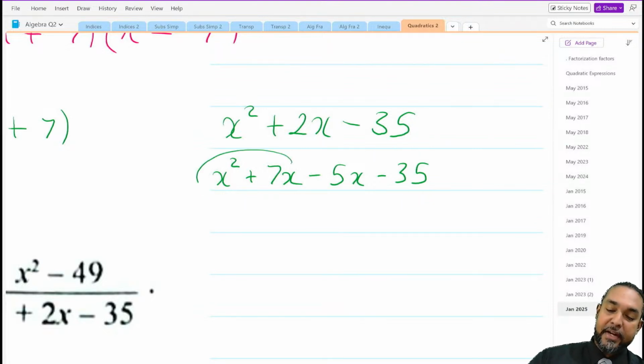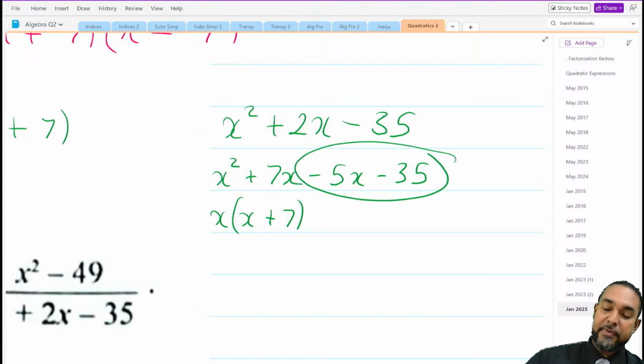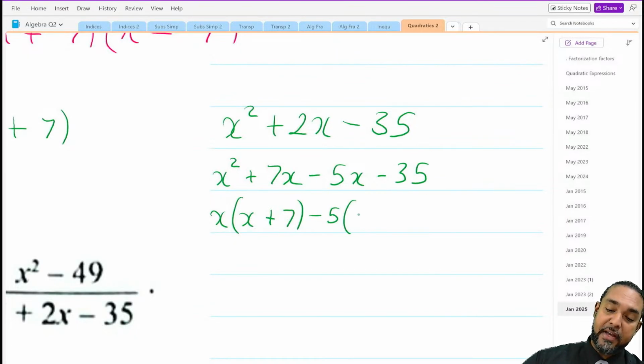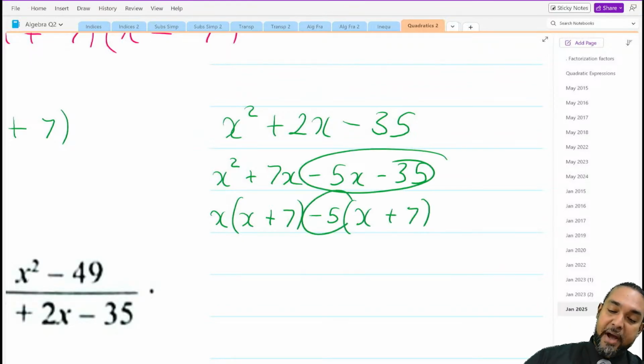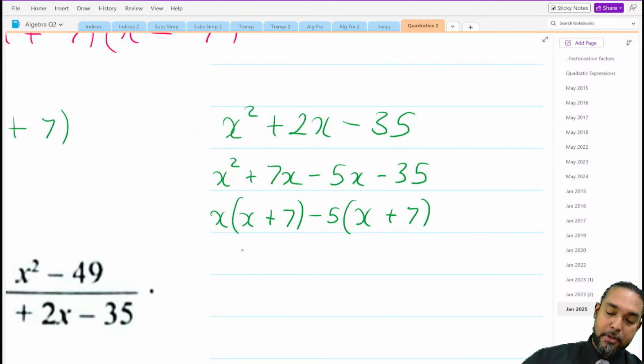Between x squared and 7x, the common factor is x. When we divide or factorize, we get x plus 7. Between minus 5x and minus 35, minus 5 is the common factor. When we divide, you again get x plus 7. You have to divide each term by the common factor, guys. And we notice that the bracket now becomes the common factor. So we have x plus 7 and then x minus 5.